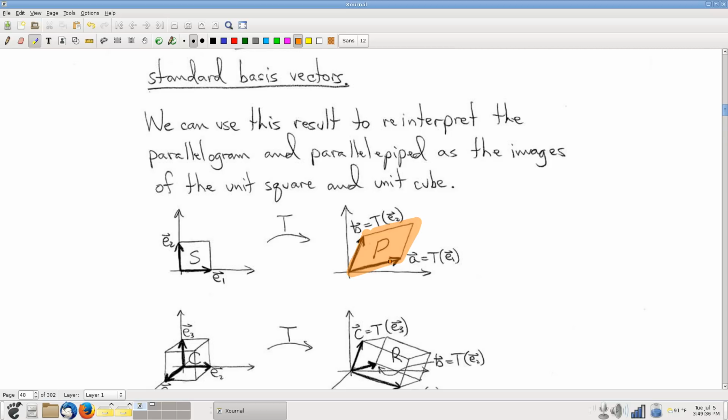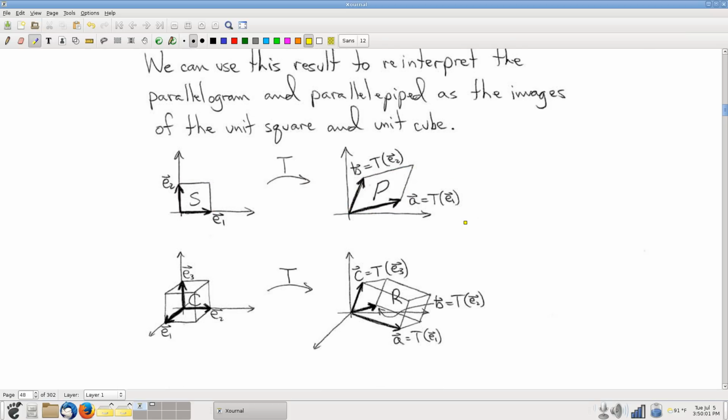Okay. All right, so what we have then is that P, this parallelogram, don't think of this as something that's made up in static, just coming from the vectors A and B. Think of it as being the image of the unit square. Right, that we started with this thing, S, this square, and that its image now is P. Okay.